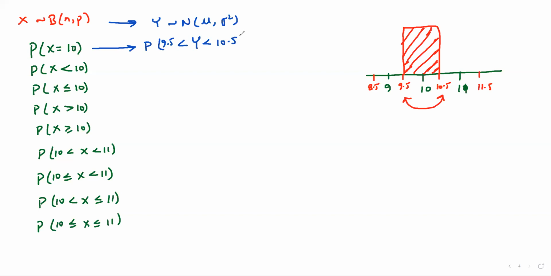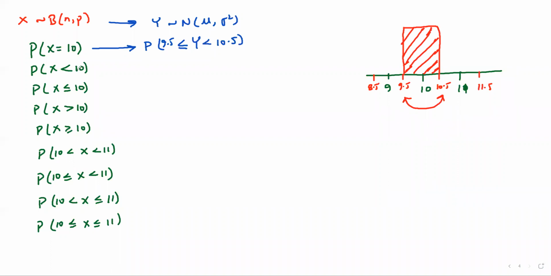This is called the continuity correction. So this, which was x equal to 10, now would be between 9.5 and 10.5. You can put that equal mark anywhere, or on both of them. There is no problem with that.